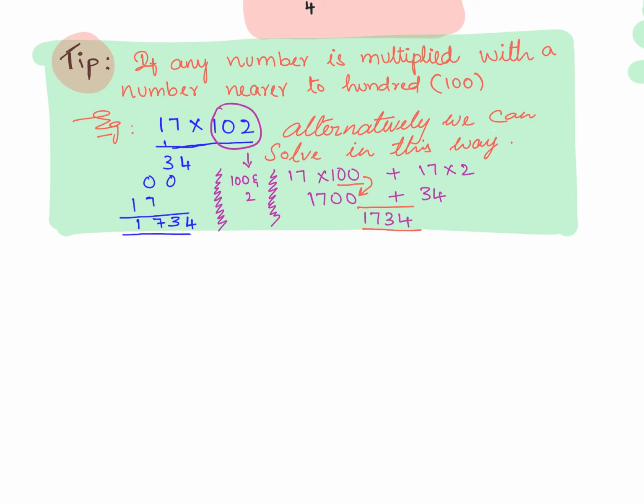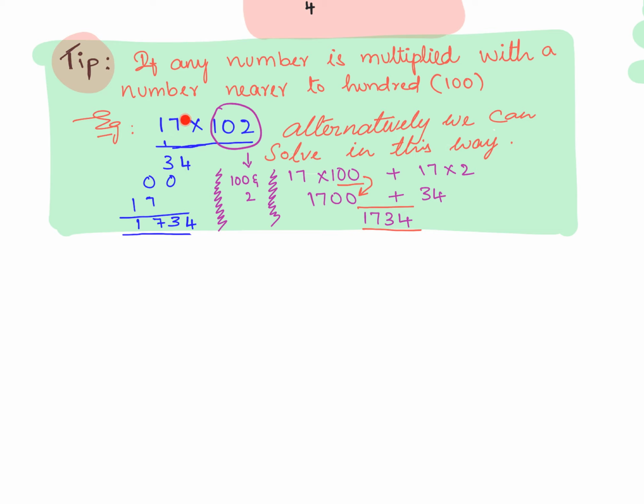So here, with an example, 17 times 102. So 17, how many times do we have to write? 102 times, right? It also means 100 times and 2 times. So we can write 102 as 100 plus 2.